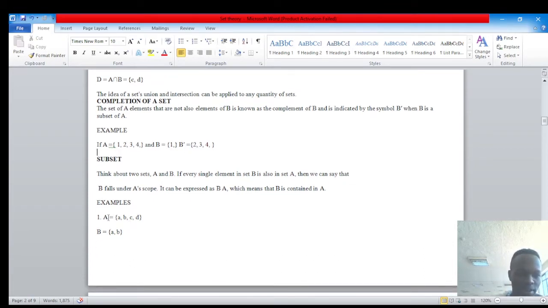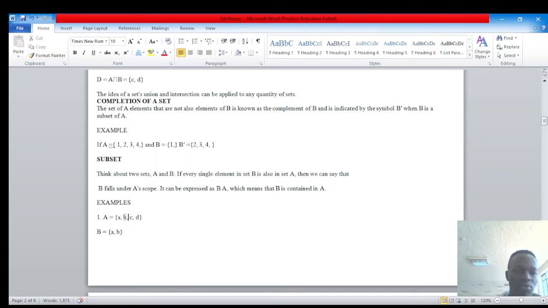An example is this one. What's a subset of set A? Possible subsets of set A will be AB and CD. So we divide it by 2, the division of elements.